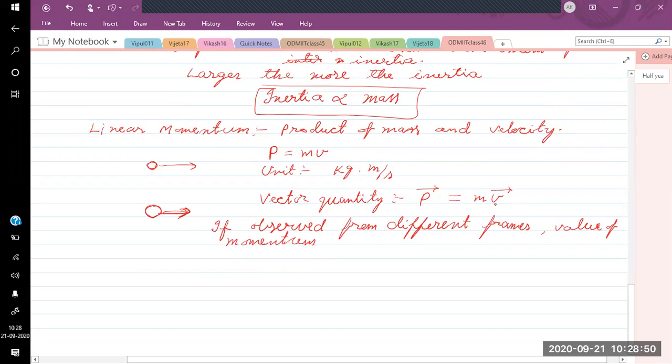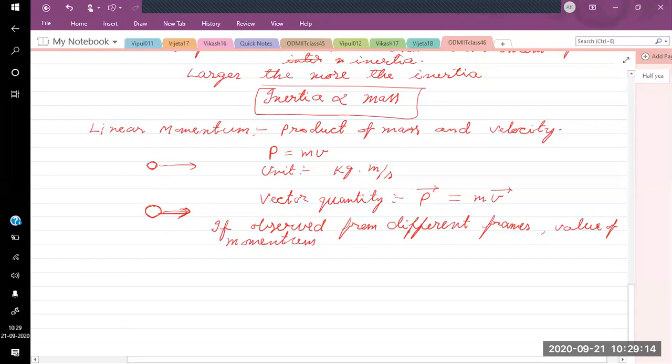Different frames means, suppose you are moving in a car, you are moving in a train, or you are observing from the ground. From three different places, if you are observing the momentum of an object, you will see different velocities from the three places. We have already discussed the relative velocity concept. So the velocity of an object is different from different frames, and if velocity is different, the momentum will also be different.